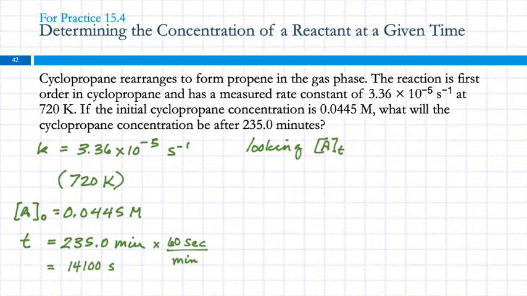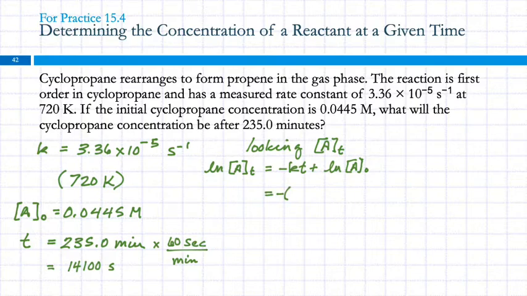Yeah, we just learned it, right? The natural log of the concentration of A at time t is equal to negative kt plus the natural log of the concentration at time 0. So we need the rate constant, we need the time, we need A0. We've got all those things. So we'll put them into the equation.